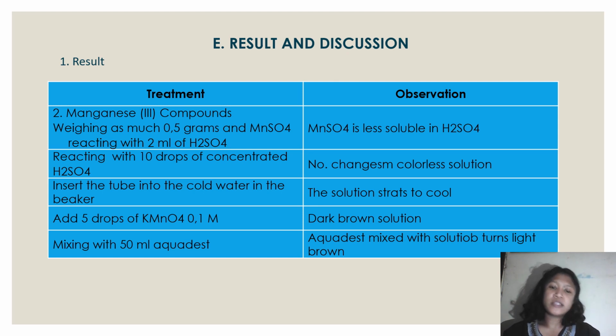Reacting with 10 drops of concentrated sulfuric acid, the observation is no color change in the solution. Insert the tube into cold water in the beaker, the observation is the solution starts to cool. Then add 5 drops of potassium permanganate, the observation is a dark brown solution.